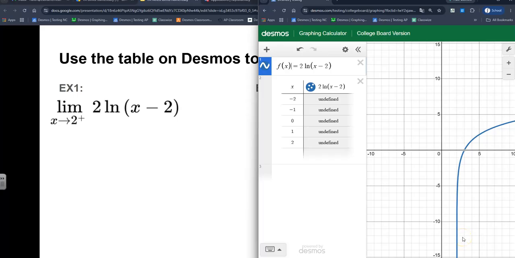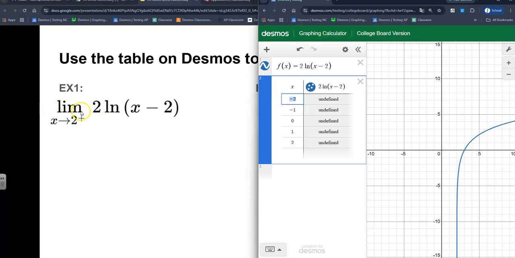Plus, if you guys remember from pre-cal, if there is a hole in the graph, is this going to show it? It will not. You can find it by dragging along and seeing if there is a hole at that point, but it doesn't show whenever you graph the point. So the table can be used for further verification.